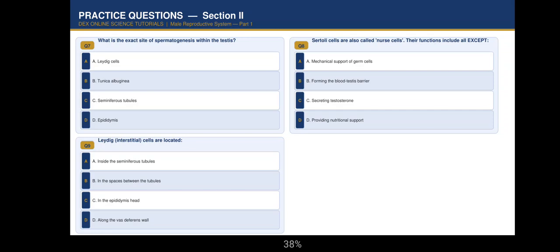Now, question number 9. Leydig cells, aka interstitial cells, are located A, inside the seminiferous tubule, B, in the space between the tubules, C, in the epididymis head, and D, along the vas deferens wall. Well, the Leydig cells, also called interstitial cells, are found in between the tubules. That's option B, the space between tubules.